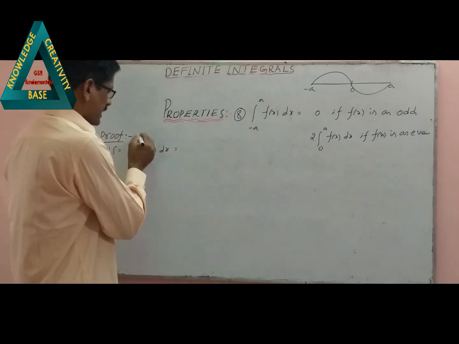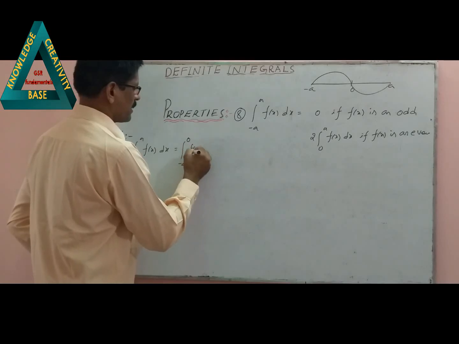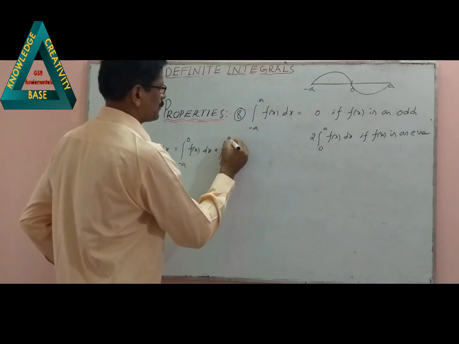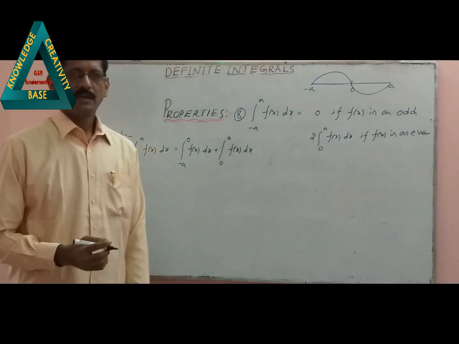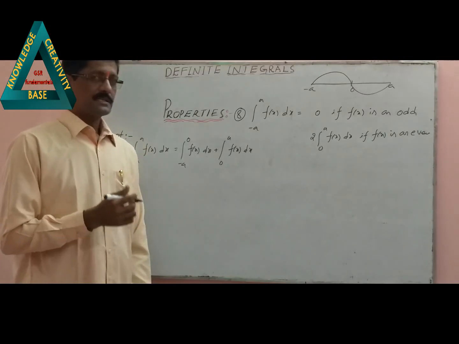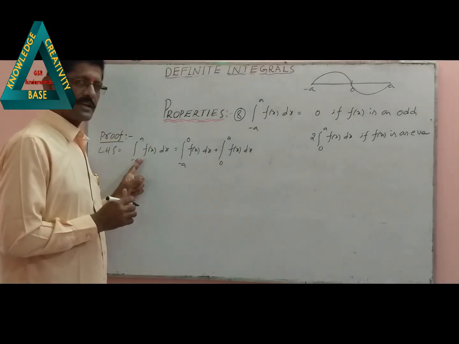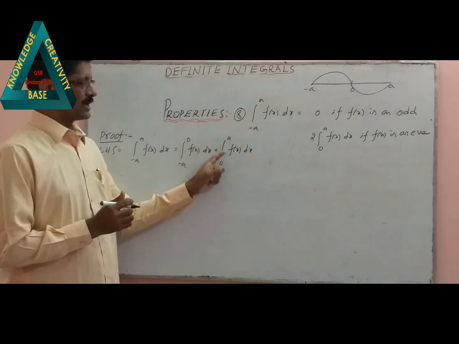So this can be written as the integral from minus a to 0 of f of x dx plus the integral from 0 to a of f of x dx. Okay? So property number 6. By using property number 6, this definite integral can be written as the integral from minus a to 0 of f of x dx plus the integral from 0 to a of f of x dx.